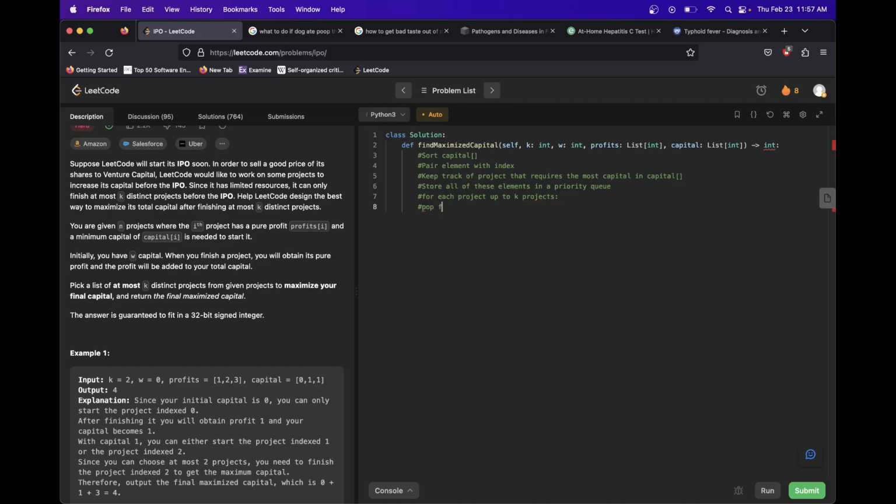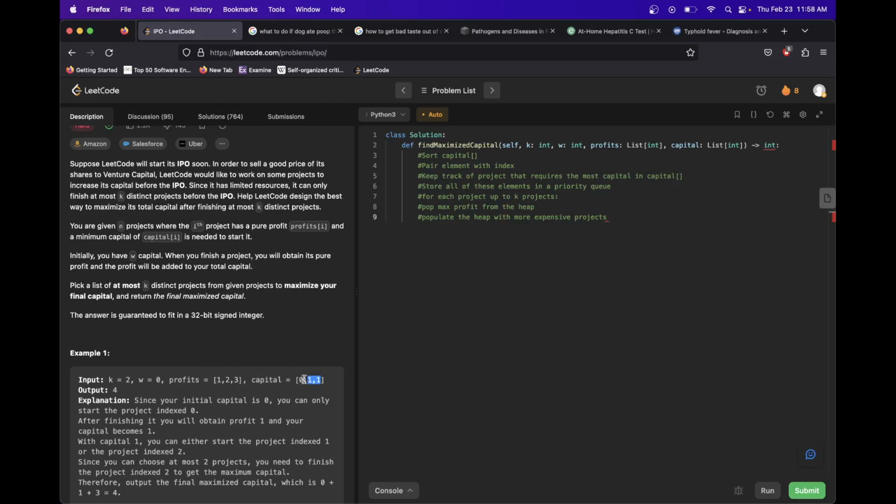We want to pop from the heap, pop the max profit project from the heap, and then increment this counter we have here to add projects with a higher capital requirement into the heap that we can potentially pop later.